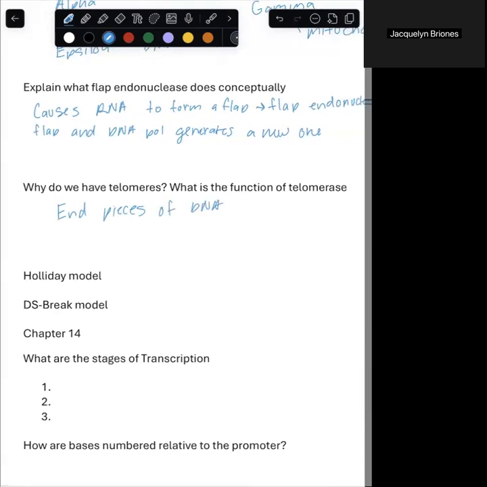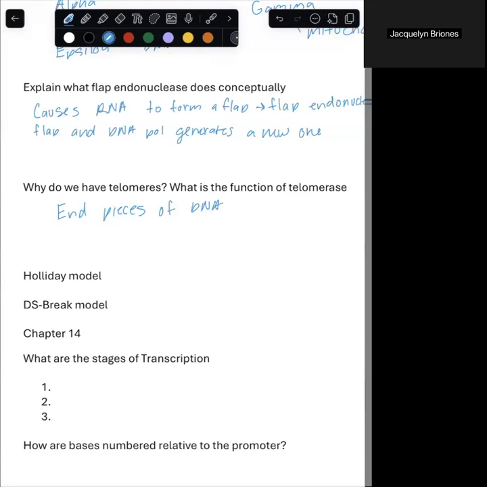And the reason we have them is every time we do DNA replication, the last bit would fall off. So it's nothing important. But if we didn't have them, a bit of the last bit of DNA would fall off every time replication happened. So we would end up with nothing after a couple rounds of replication.